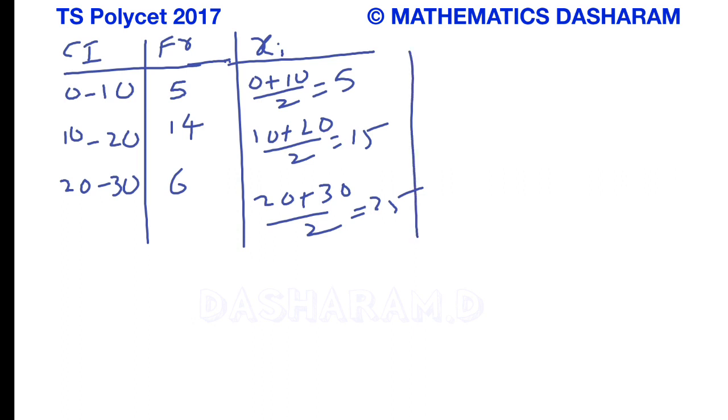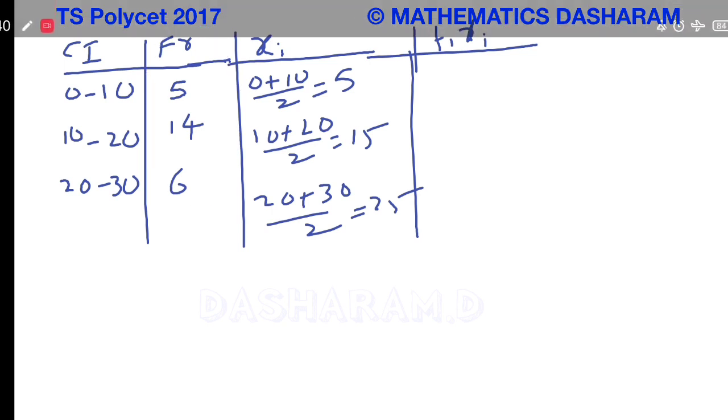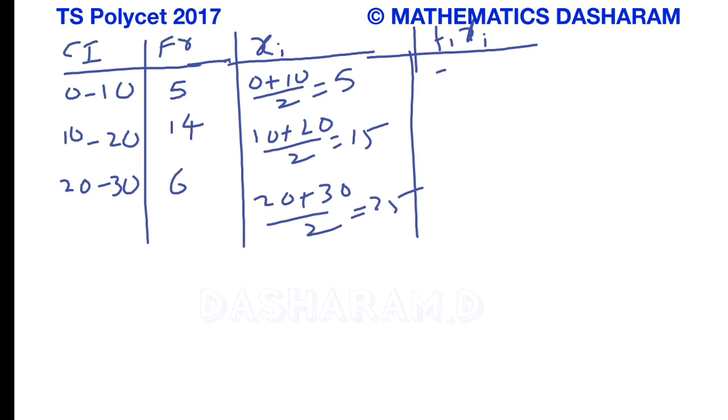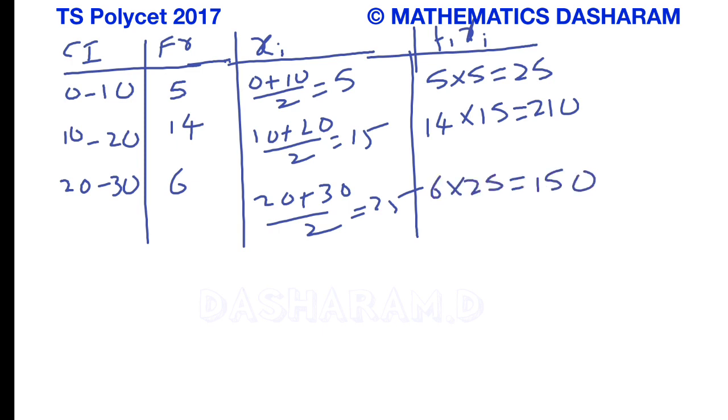Next we need fi into xi, frequency multiplied with mid values. The frequencies are given. 5 into 5 equals 25. 14 into 15 is 210. 6 into 25 is 150.